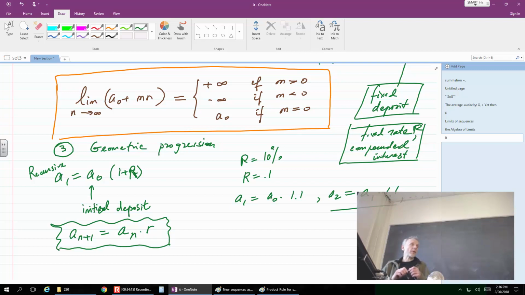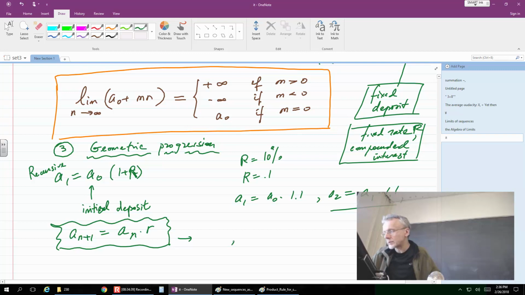If you think about things such as maybe bacteria, and they might double in number every year or every day. Okay, so next day you multiply the previous amount by 2, and then the next day you multiply by 2 more, and by 2 more, by 2 more. Okay, and then you have your geometric progression. Okay, so that is the recursive formula.